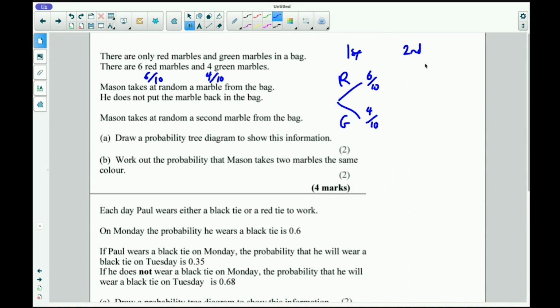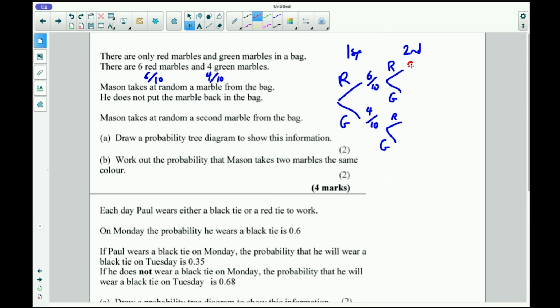And then now we're going to take a look at the second marble. Again, we're looking at red or green, and our probability is going to change depending on what we got from the first round. The big thing that's going to change here, if we picked a red marble in the first round, is that there are no longer 6 red marbles left.